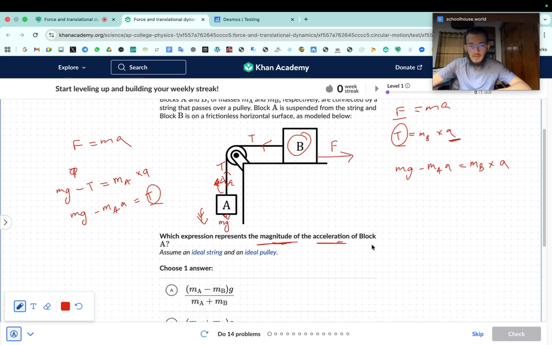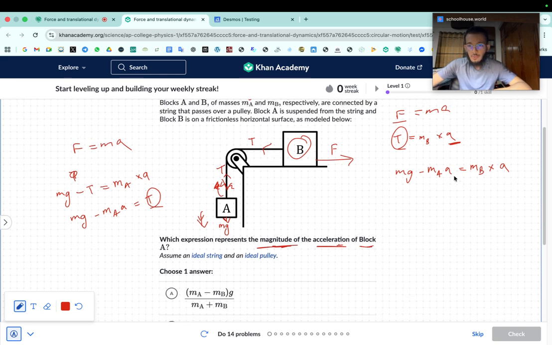They have asked us to find the acceleration of block A, so we make a the subject. Before we do so, this would be m of A actually. So a times mb plus ma times a equals mag.